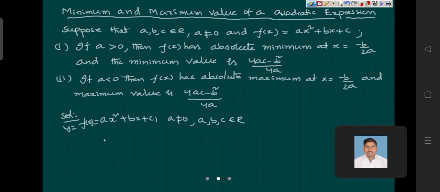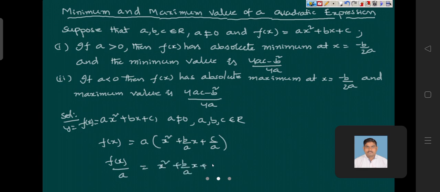Now this f of x can be written as a into (x square plus b by a into x plus c by a). This a will be sent to the left side: f of x by a is equal to x square plus b by a into x plus c by a.